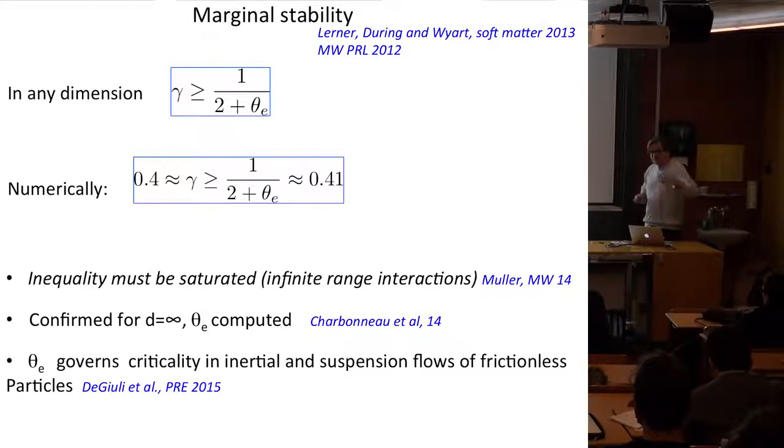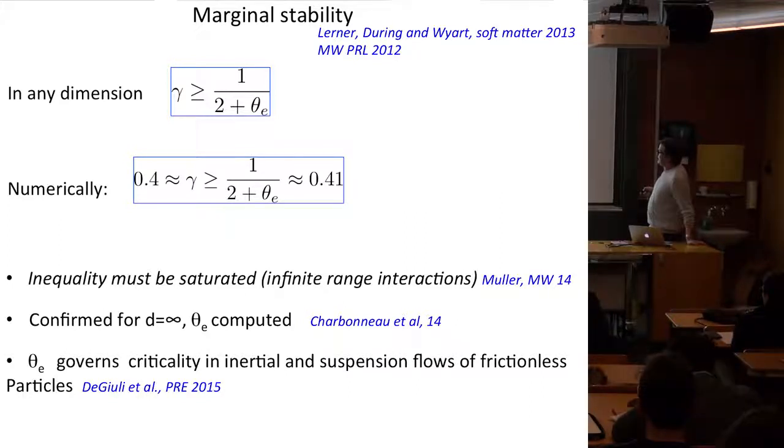You don't have that many forces that are weak, and you do it in such a way that the system is stable, but barely so. All right, so that's an observation. Actually, in this case, even in finite dimension, you can prove that this inequality must be saturated. So you can prove this marginality.